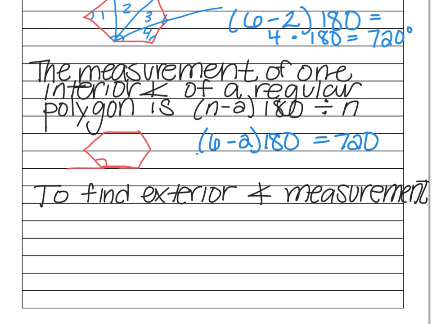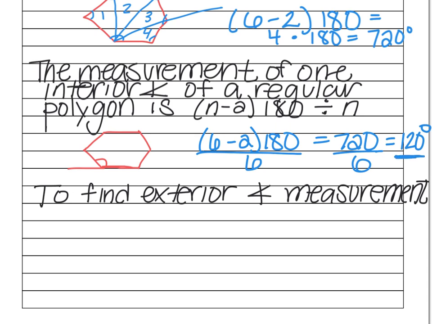Then we divide that by the number of sides, n. So I would divide that by 6, which makes sense because I have 6 sides. If I want to know what just one of them is, I have to divide what all of them are by 6 to get just one. So 720 divided by 6 is 120 degrees, and that is just one of the angle measurements.